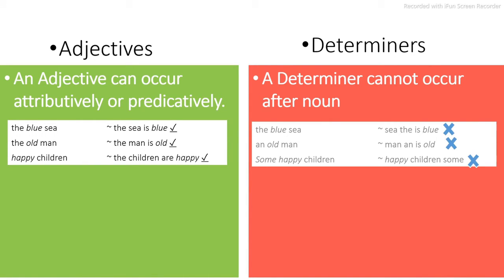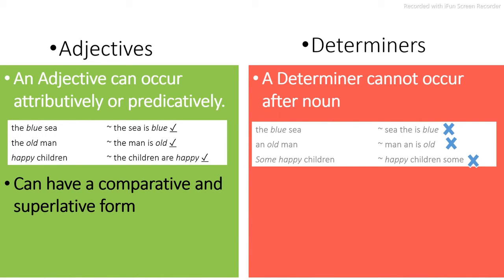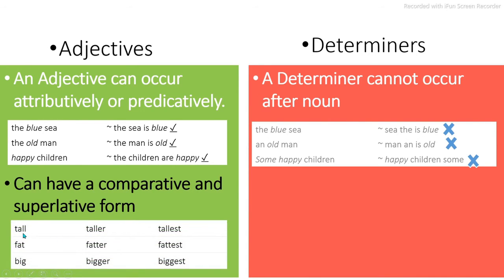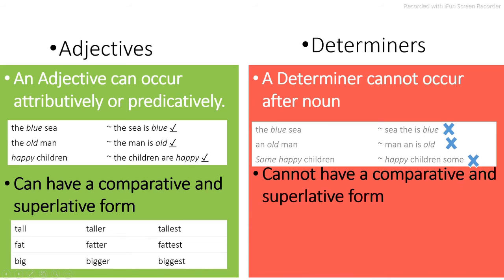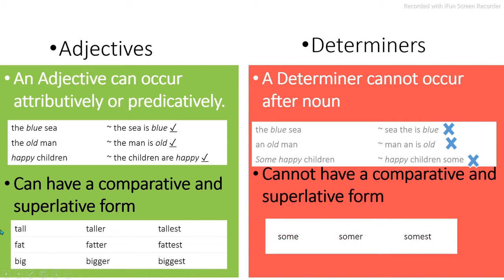And the second difference to identify whether it is an adjective or a determiner is that adjectives can have a comparative and superlative form. For example, we can say how is he so tall, how is he fat, how is he big. So these are all describing words, adjectives, which can have a comparative and superlative form, like tall, taller, tallest, fat, fatter, fattest, big, bigger, biggest. But the same cannot be done with determiners. We cannot have a comparative form, like some is a determiner.